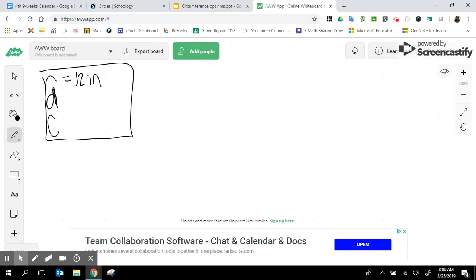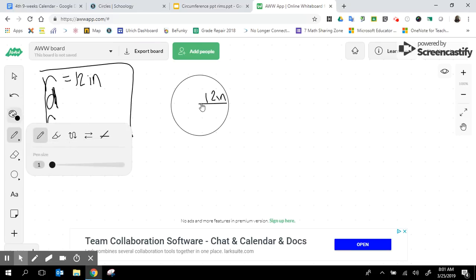Yep. All right. Remember, if we're talking about a circle, with a radius, we're talking about from the center to the edge, and that is 12 inches. Remember, that's the radius.